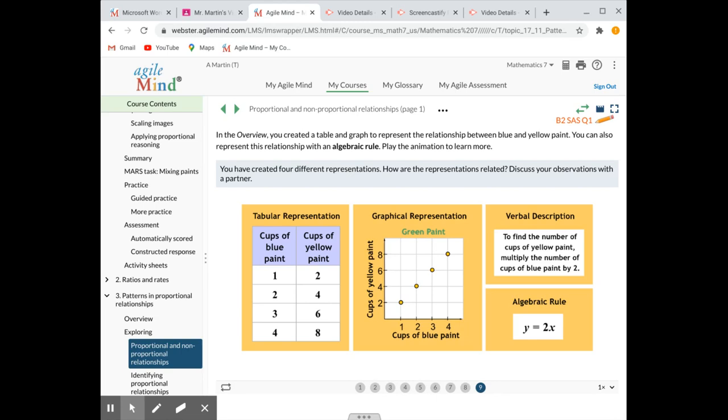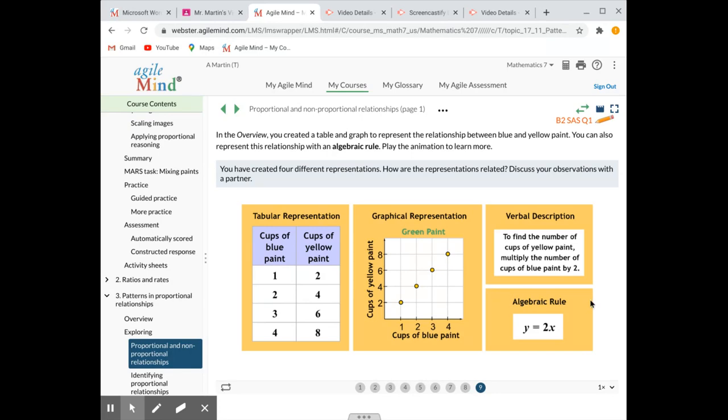All right, so it says you have created 4 different representations. How are the representations related? Discuss your observations with a partner. Well, our partner is going to be our whole class, okay? So I'm looking for all of us to kind of chime in on this. The first one we have is a table representation, then we have the graph, then the verbal description, and the algebraic rule.